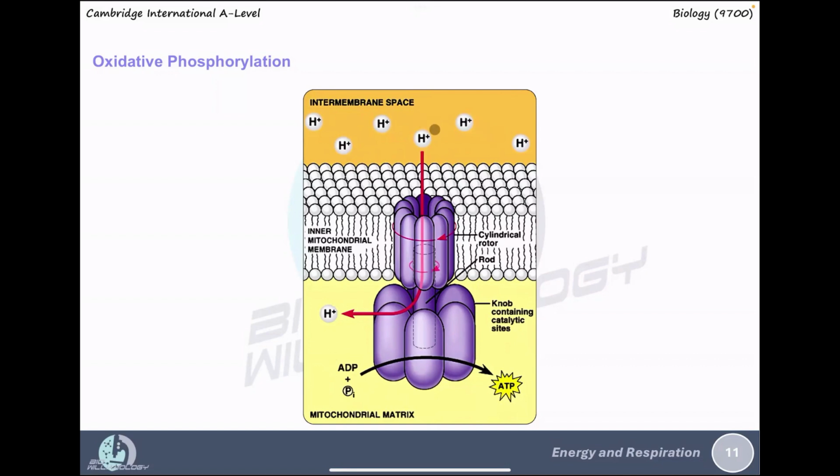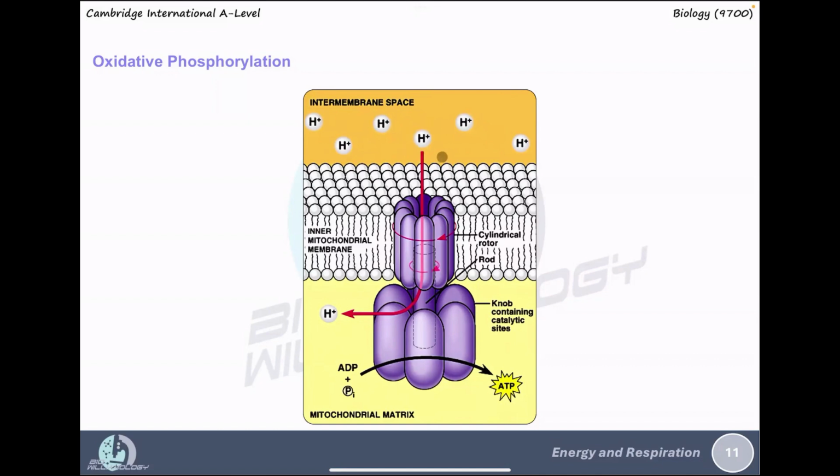For protons to move from the intermembrane space back to the mitochondrial matrix, it is impossible for protons to diffuse across the phospholipid bilayer, the inner mitochondrial membrane, because protons are positively charged.